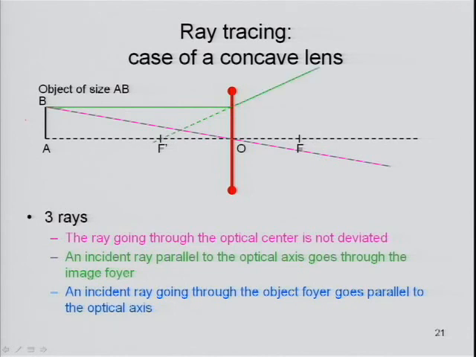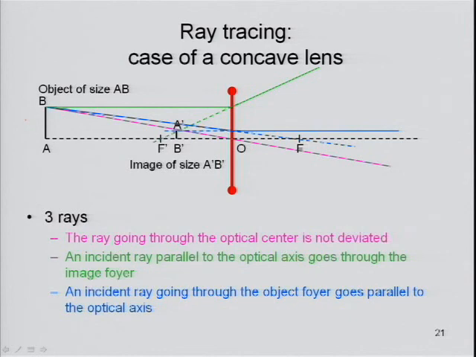So the real ray is doing this. Third ray, an incident ray going through the object focal plane, goes parallel to the optical axis. So here, where's my image in this case? Right here.